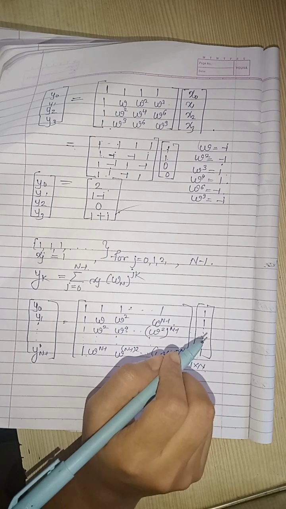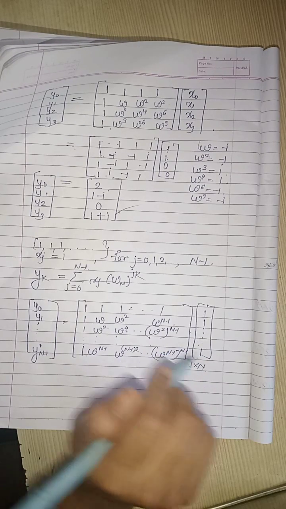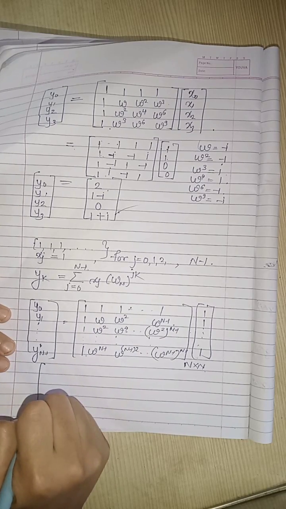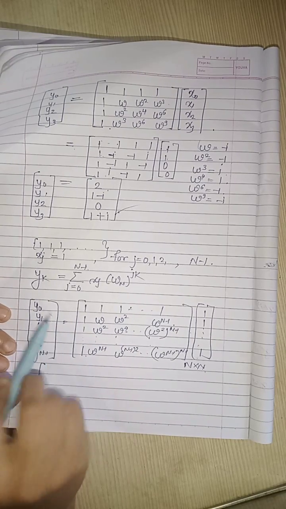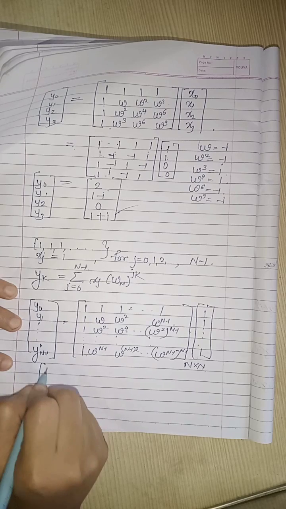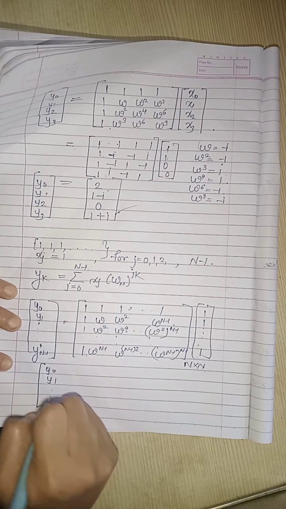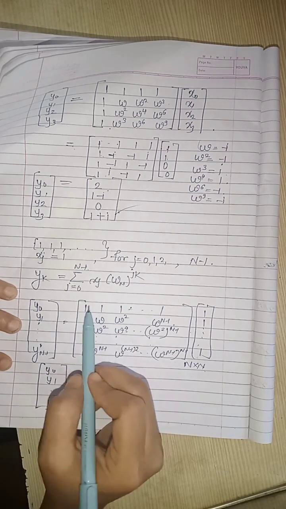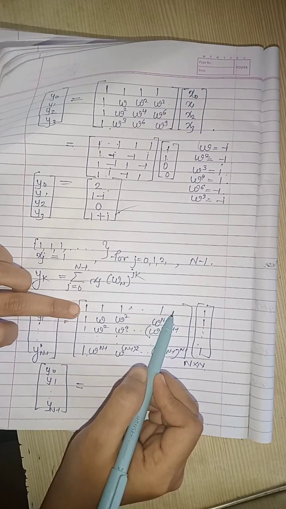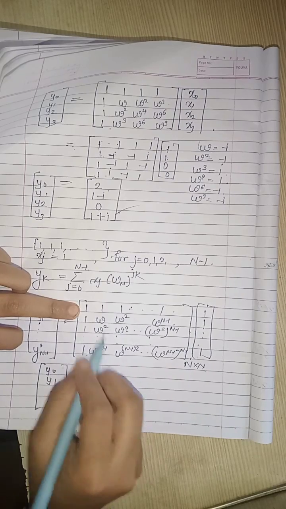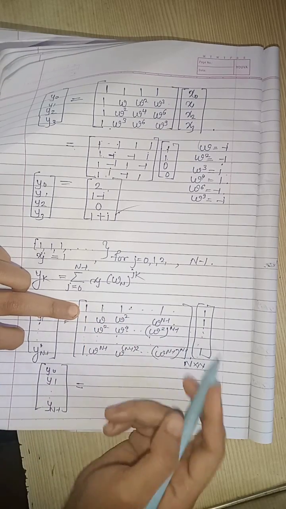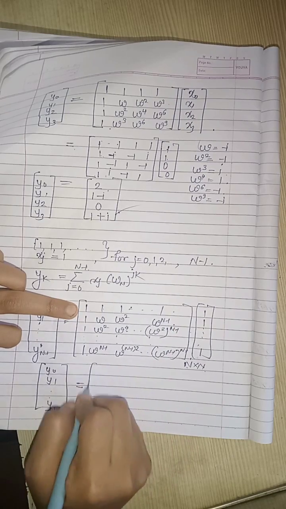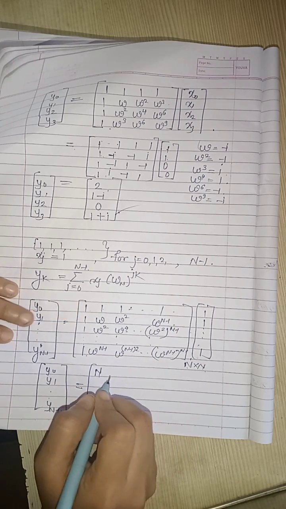and you have to multiply it with the components of vector x. So solving this, what you'll get is y0, y1 up to so on, yn minus 1. Now if we multiply the first row with the column, then you'll get 1 plus 1 plus up to so on. As it is an n cross n matrix, it is repeated n times, so you can directly write it as n.